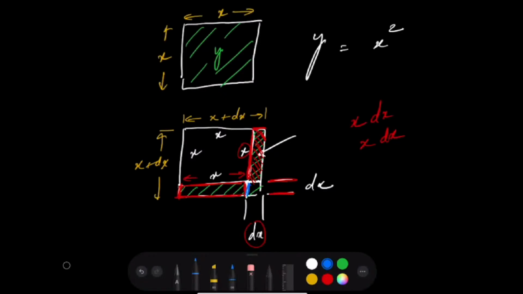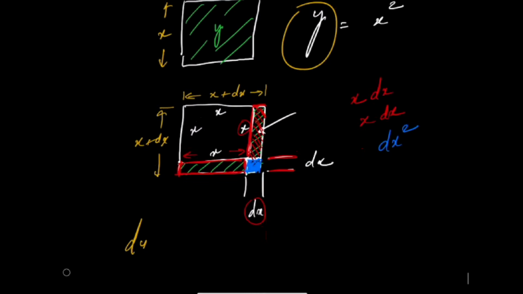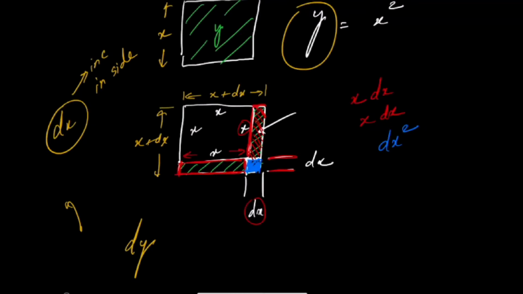What about this square? Blue colored square. It is dx into dx. It is a small square. So it is dx squared. So what is the increase in area? See, y was the area, right? If y is the area, the increase in area is written as dy.